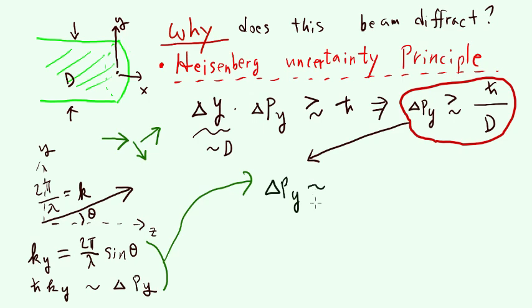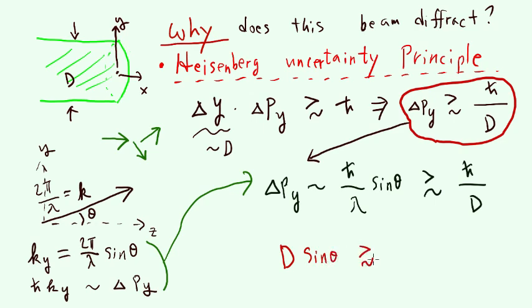So delta py is basically h bar times that, ignoring 2 pi. That becomes h bar over lambda sine theta, and that is greater than or equal to h bar over d. Guess what that implies? You can see it, can't you? This can be summarized as d sine theta greater than or equal to lambda.